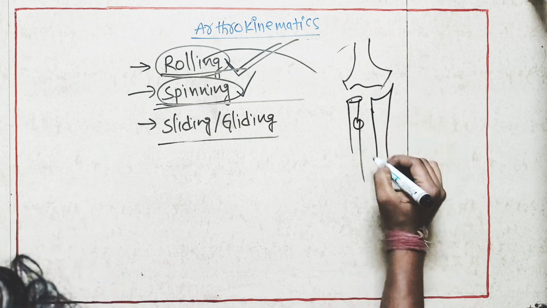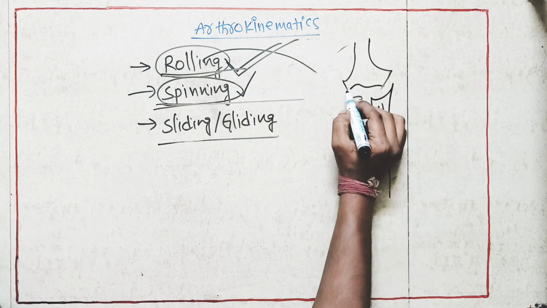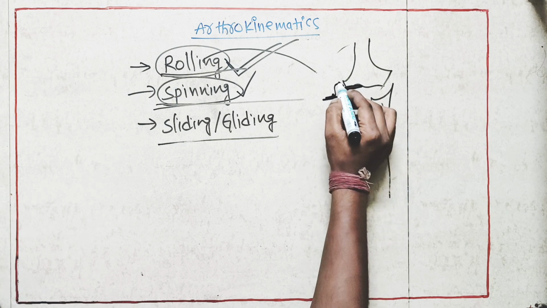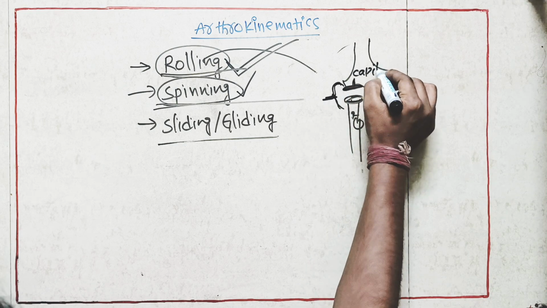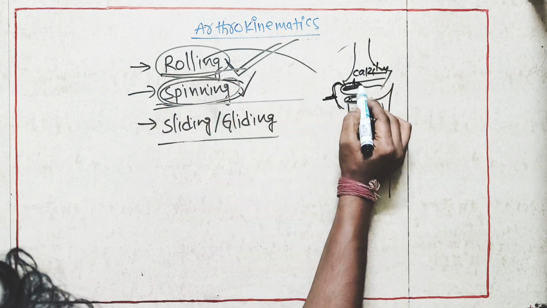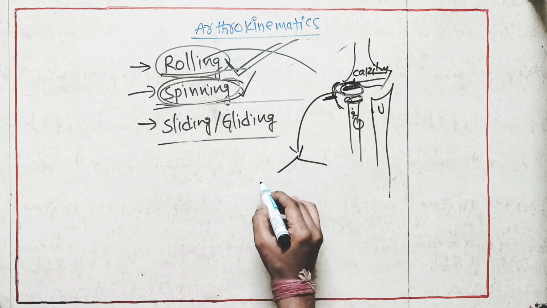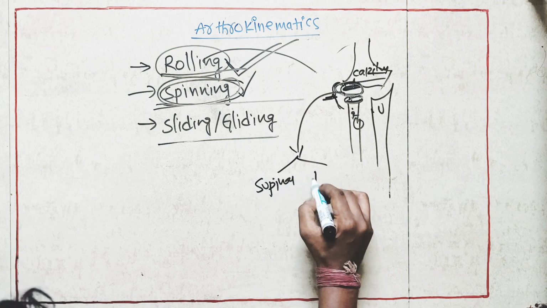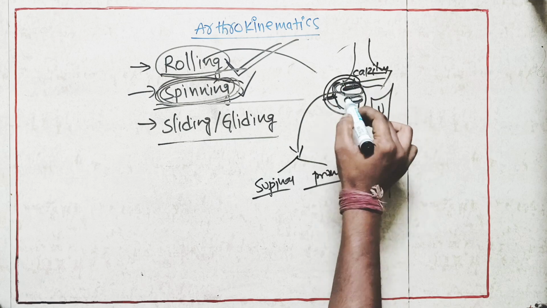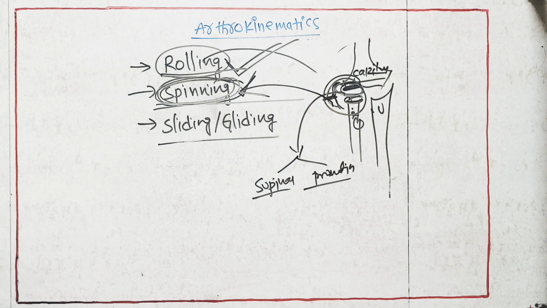This is our ulna, radius and ulna. Here the capitulum will be there. This is the head of the radius, the articulation between these two bones, the capitulum and the head of the radius. The radius will spin over the capitulum while doing supination and pronation. This is the example for spinning movement.